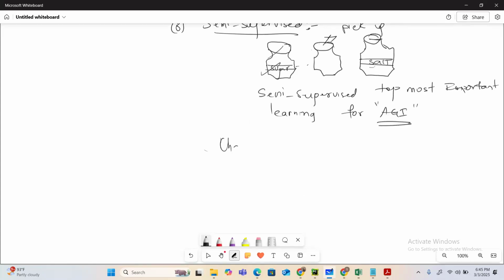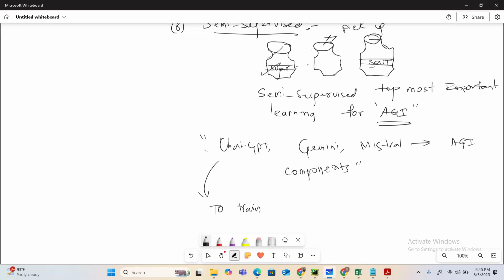Your ChatGPT, your Gemini, Mistral, these all are AGI components. To train these models, we need huge volume of the data.